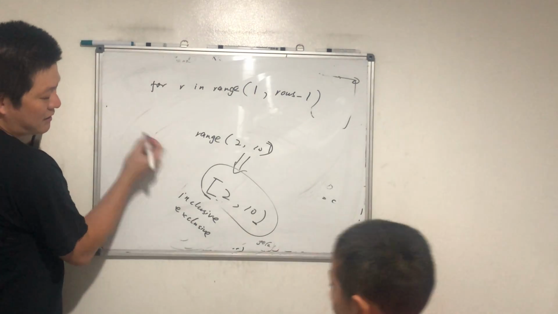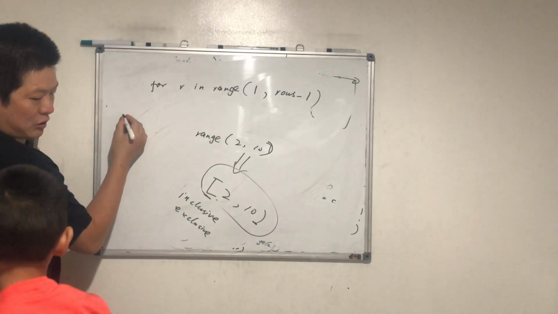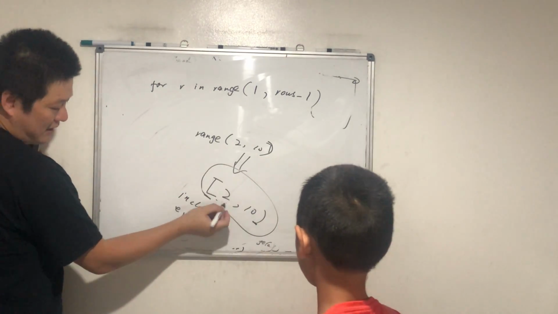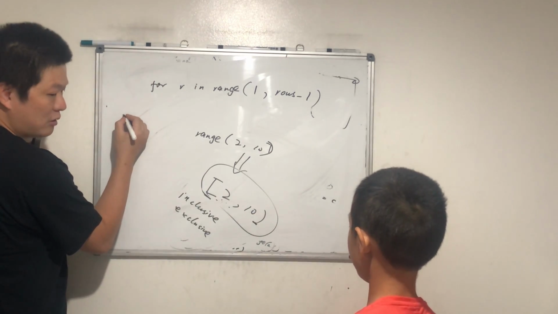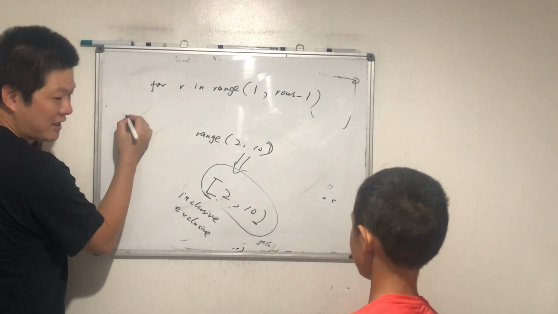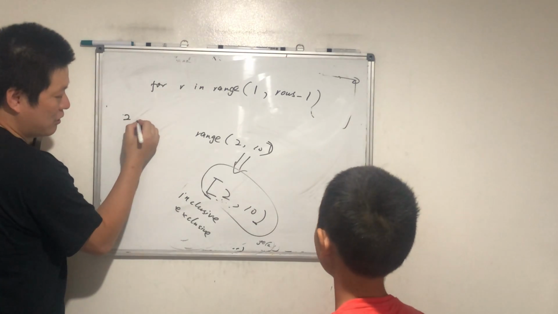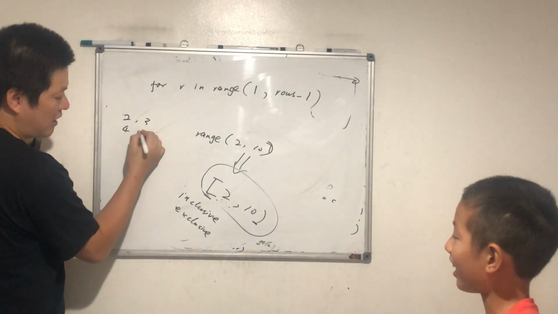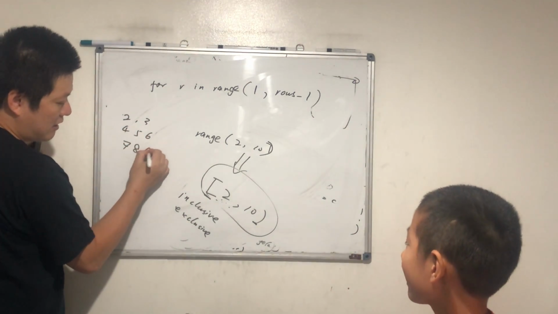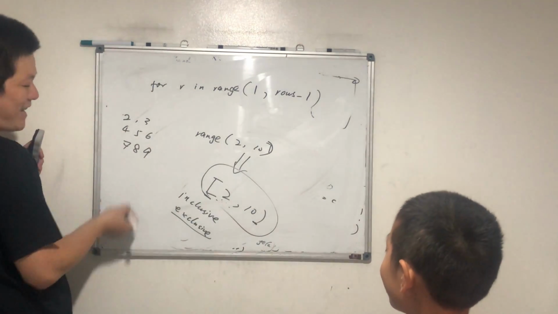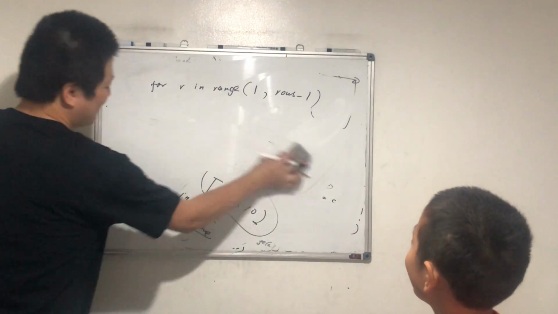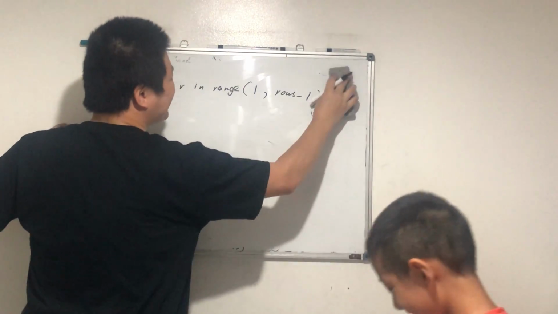Can you list the numbers? 2, 3, 4, 5, 6, 7, 8, 9, 10. Inclusive, that's what I'm saying. Got it? It's easy.